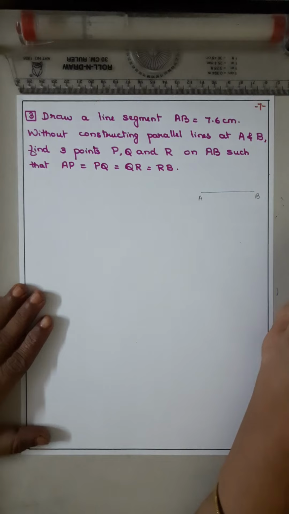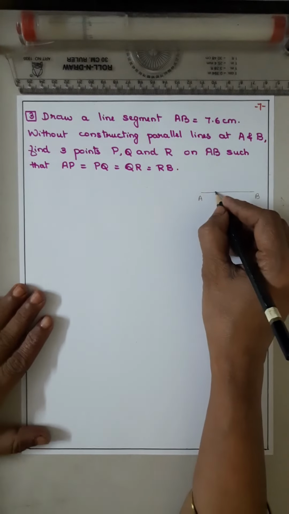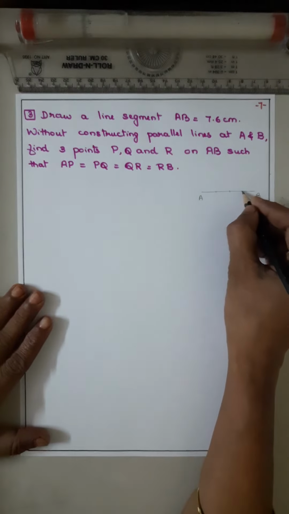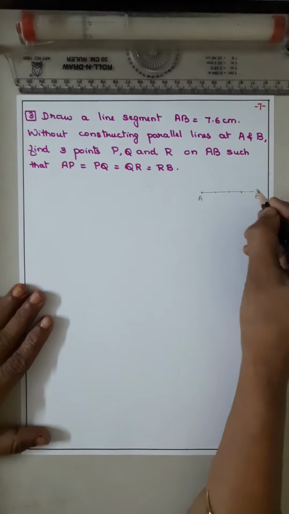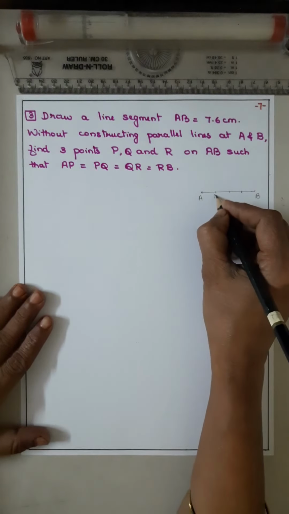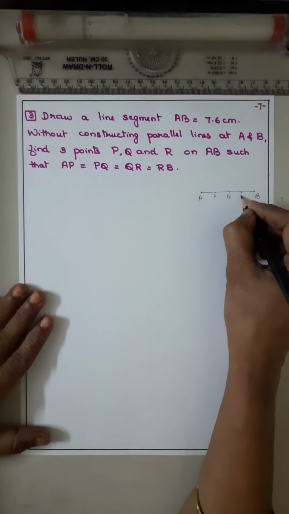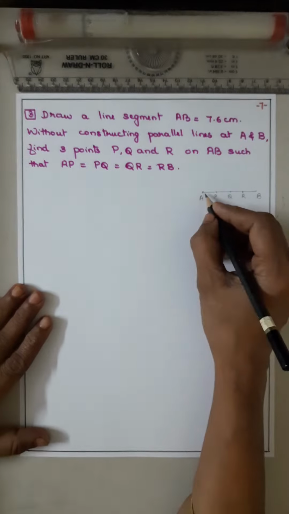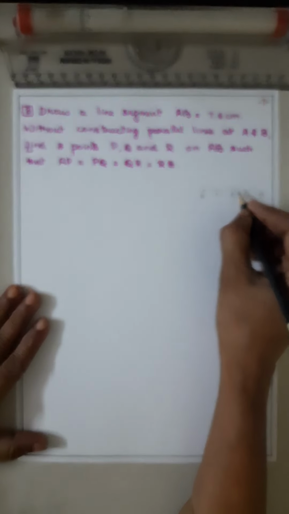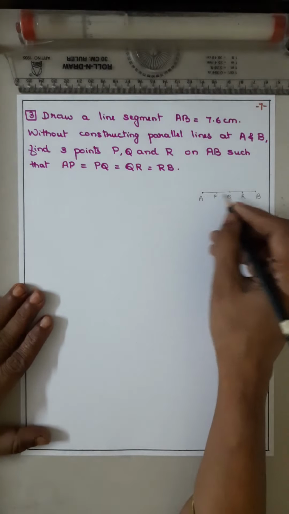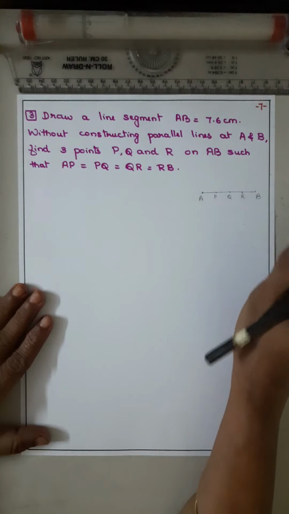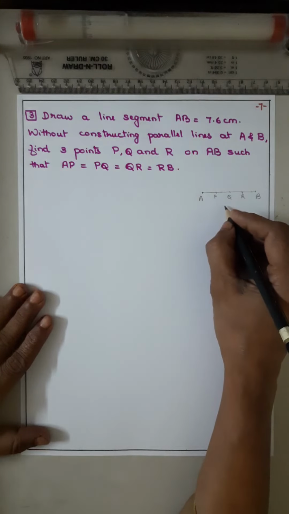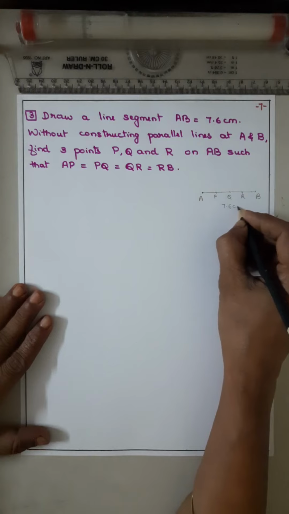This is A and B, and this is P, Q, R. This has to be drawn, and AP equals PQ equals QR equals RB means 4 equal parts. 4 equal parts should be done, and the total is 7.6.